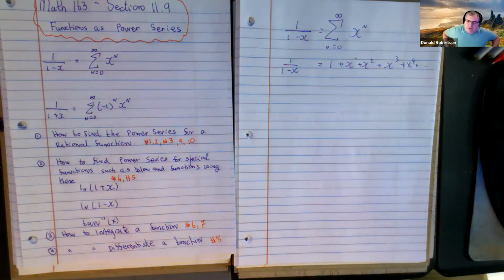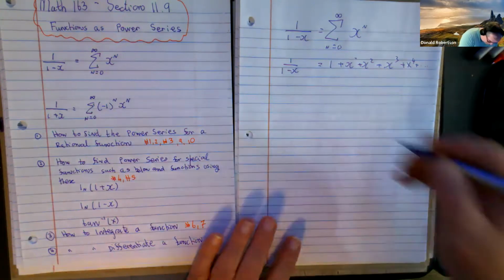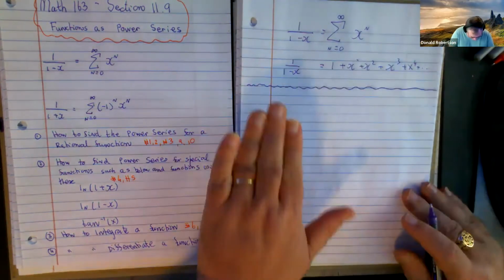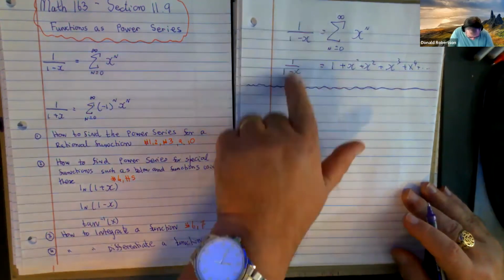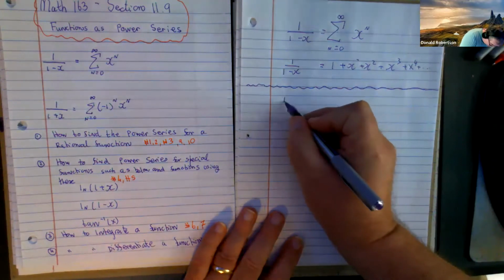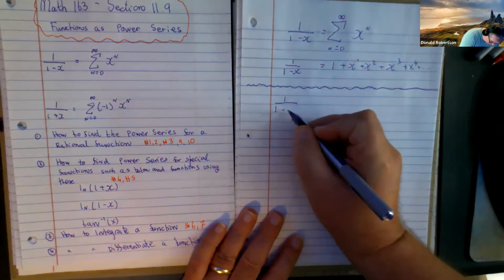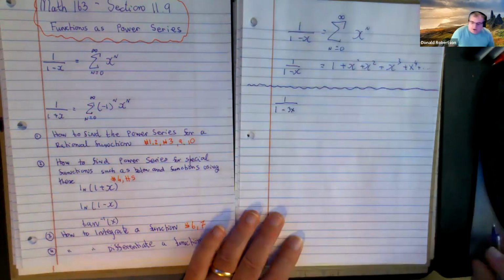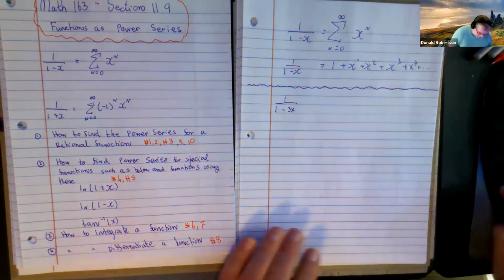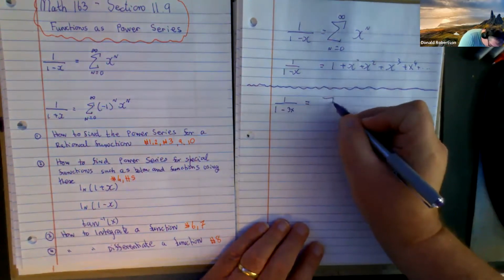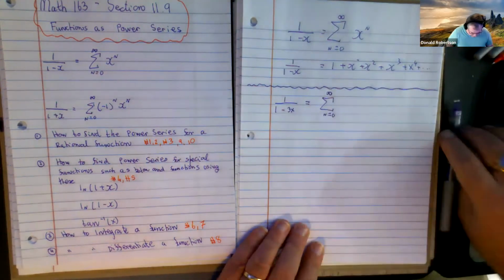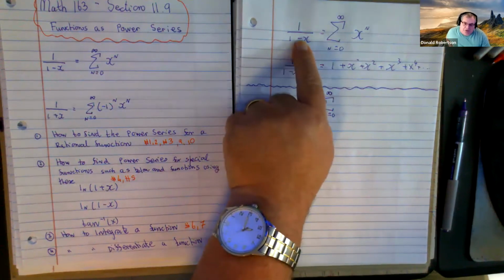And the key to doing these is essentially substitution, which means you find a way of taking your fraction and using one of these two with some substitution to get its power series. To give you an example, if I wanted to know the power series for the fraction 1 over 1 minus 3x, I'd say, oh, that guy kind of looks like him.